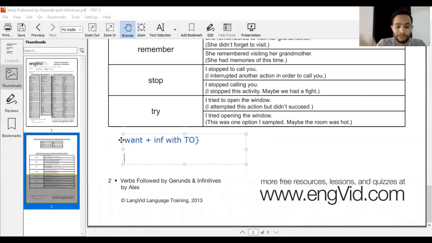So I am supposed to say, I want to eat fish. I want to eat fish. Now, what happens here? And I want eating fish.